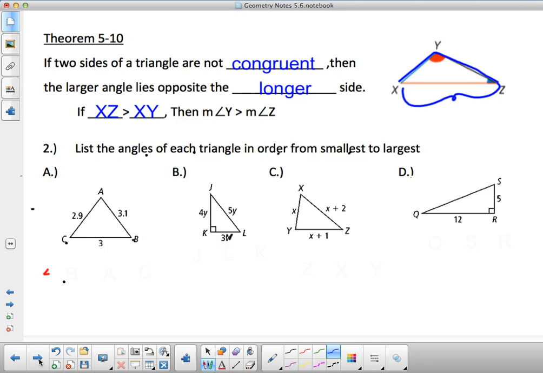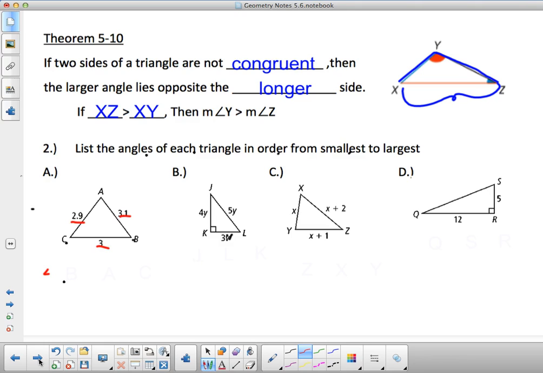So keep in mind what opposite an angle means. Now, in order to apply this theorem, it is as easy as recognizing the size of the side given. And people are, what do you mean, the side length? Yeah, look at A.